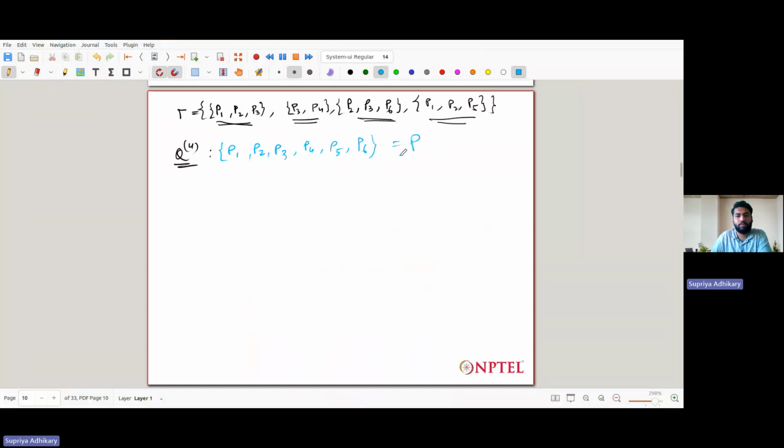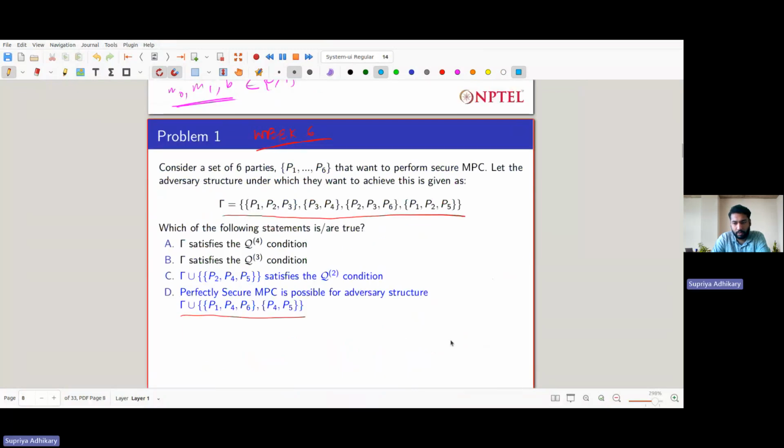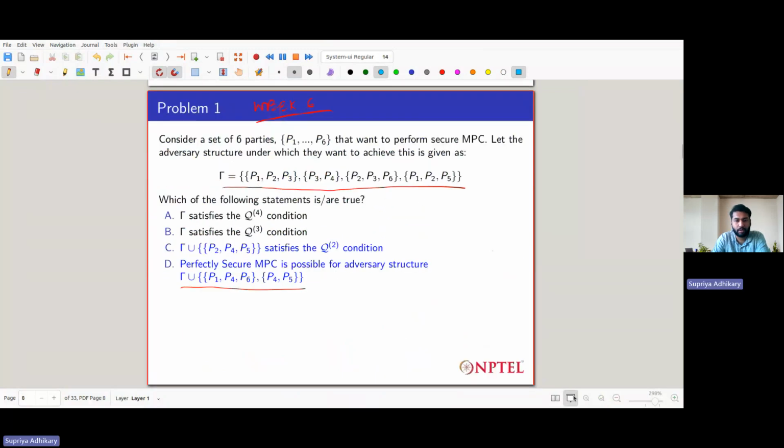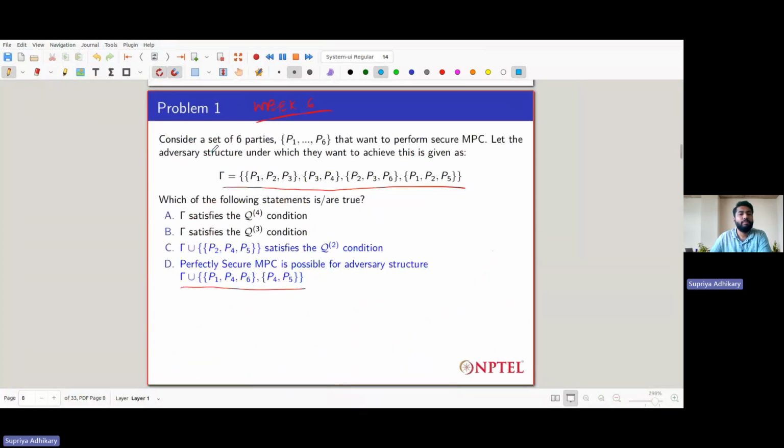So this is equal to P. That means it definitely does not satisfy the Q4 condition.